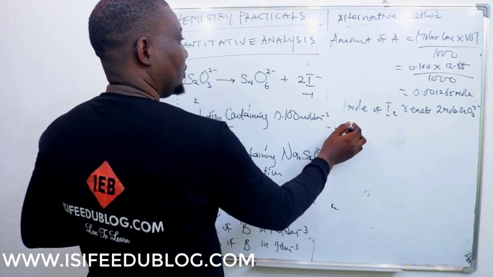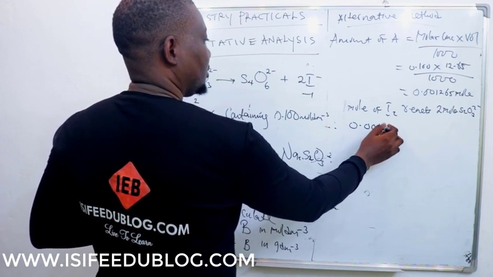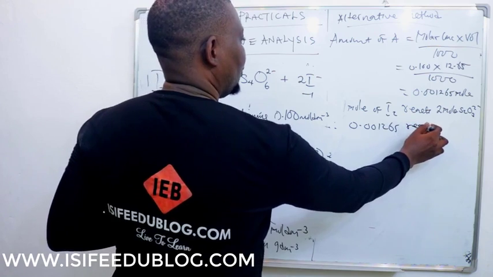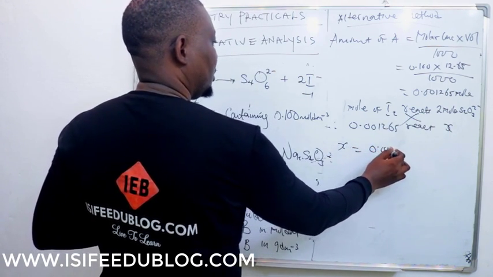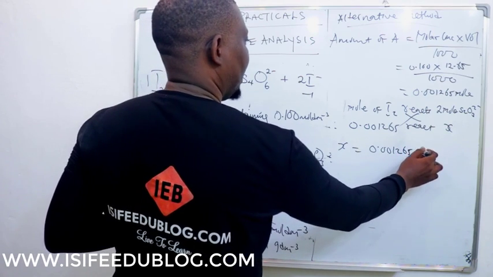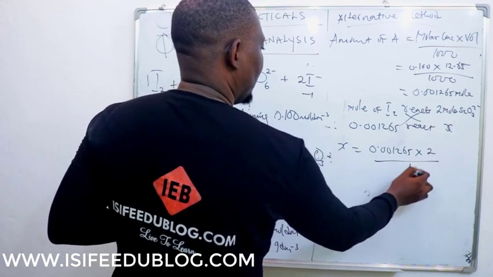Therefore, if 0.001265 mole will now react with what? X. So X now is 0.001265 times 2 moles over 1.